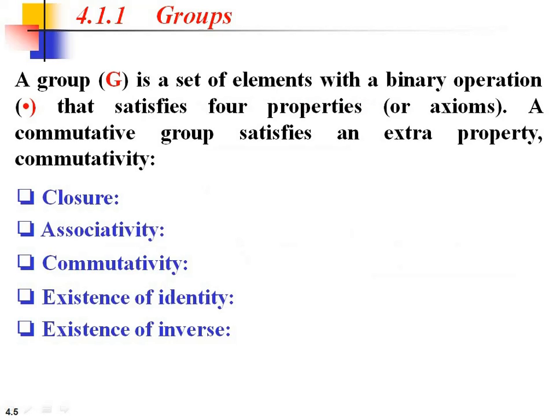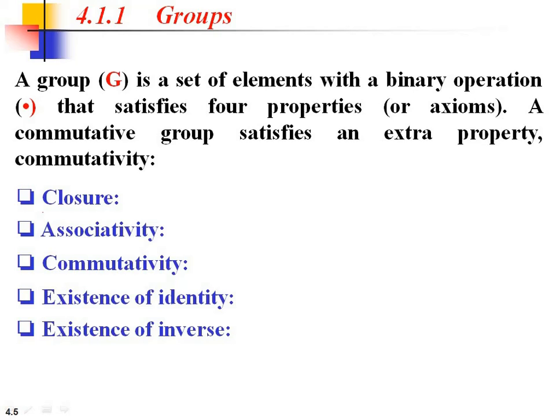A group, generally denoted by G, is a set of elements with a binary operation denoted by dot, and which satisfies four types of properties. Apart from them, a group can also satisfy a fifth property, that is the commutative property. Let us see these properties one by one. The first property is the closure property.